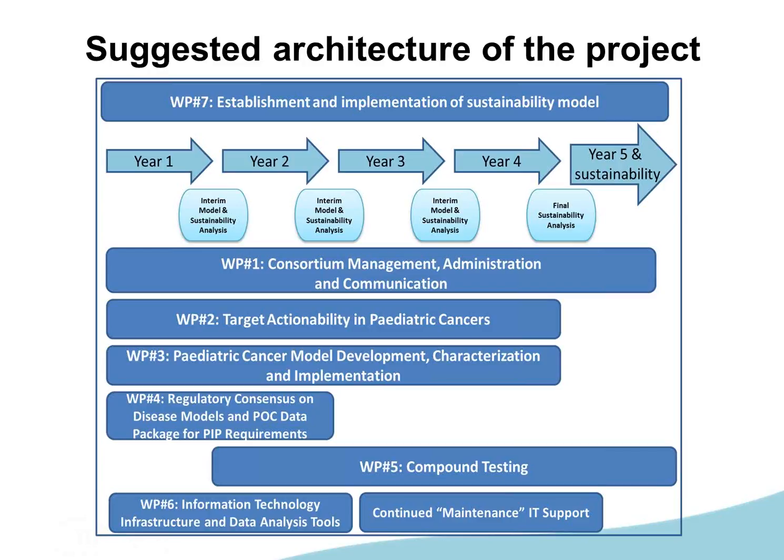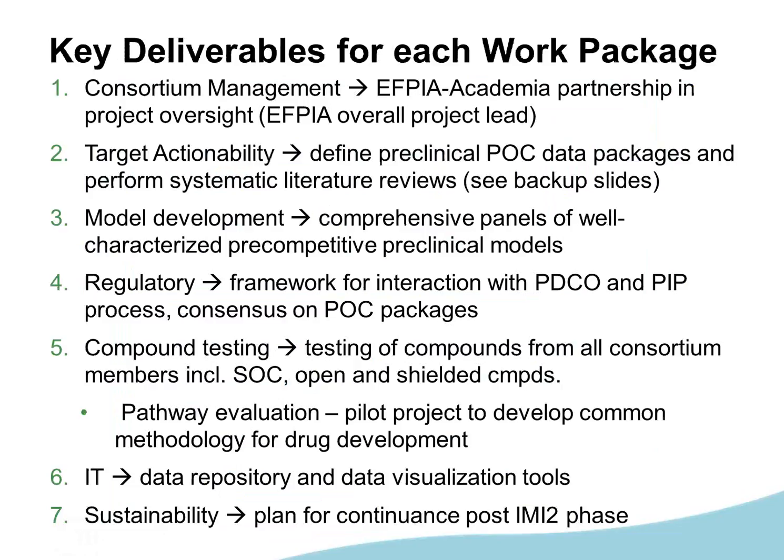It's just that we'll be continually evaluating and modifying some of the approaches that we take based on the science, based on the budget, based on progress to date. You'll see at the top the work package 7, establishment and implementation of the sustainability model. This is something we hope to begin immediately, start thinking about what is the end result of this. And then we'll go to the next slide and take some of these different work packages in turn, please.